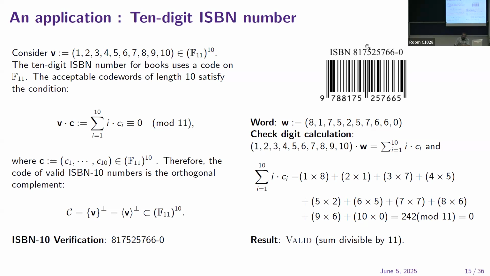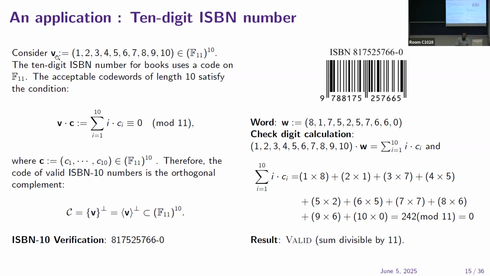This code is correct if the inner product with the word v equal to 1, 2, ..., 10 is zero.